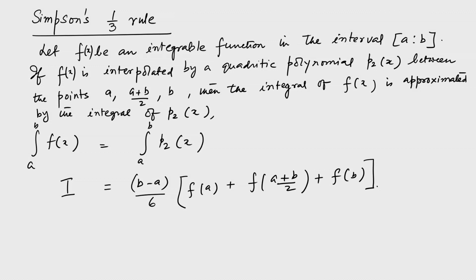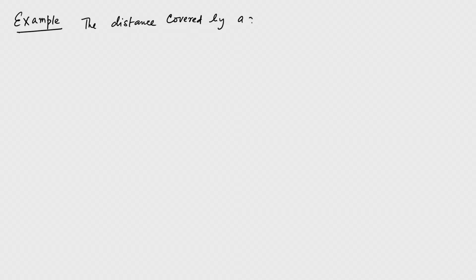So, let us see some more examples of this and how to use this. Example: the distance covered by a rocket. So, it is a physics problem or an aeronautical engineering problem if you like.